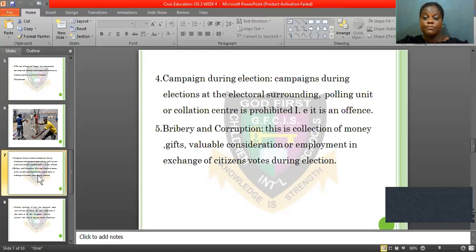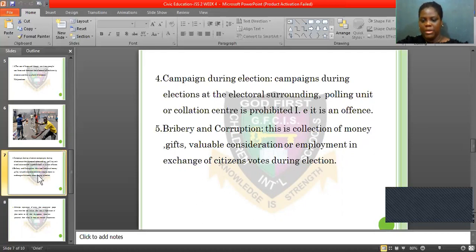Like this man that was not given the opportunity to rule the country, MKO Abiola, Kashimawo Moshood Abiola, when he was being voted for at that time, he was disqualified. One of the reasons, out of many others, was that he wore an agbada that has the logo of his party and the name of the party. So campaign during election is not allowed, it is prohibited.